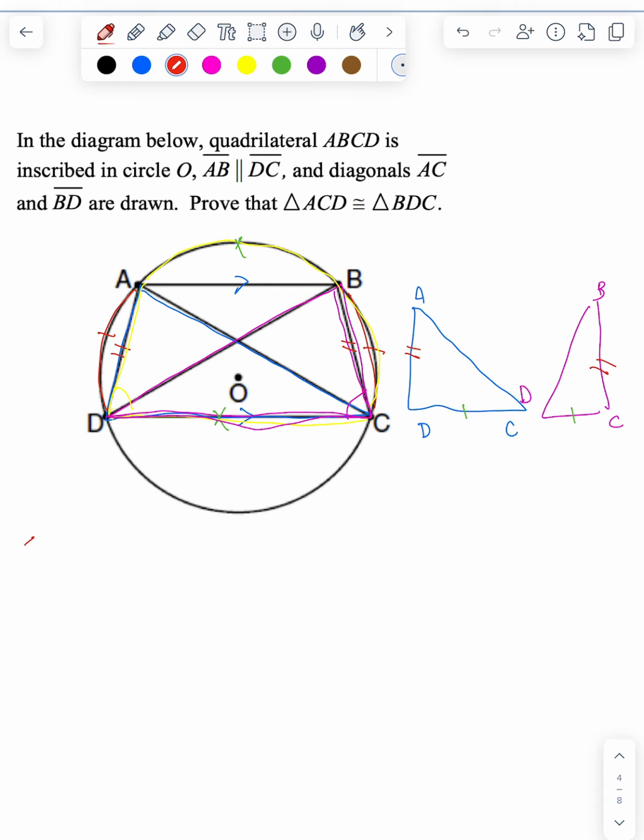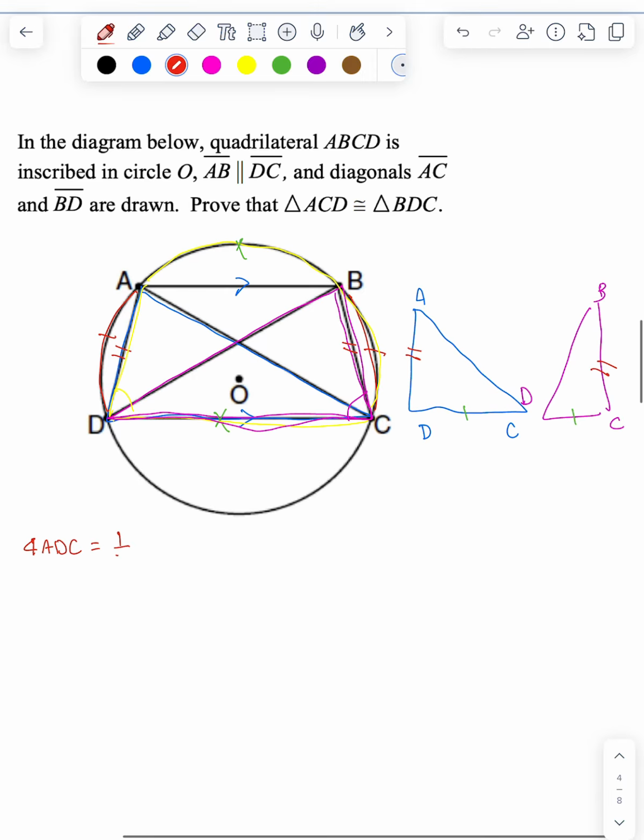So angle ADC is half of its intercepted arc. And its intercepted arc for ADC is arc AC, which is AB plus BC. That's arc ABC, its intercepted arc. And angle BCD is half of its intercepted arc.